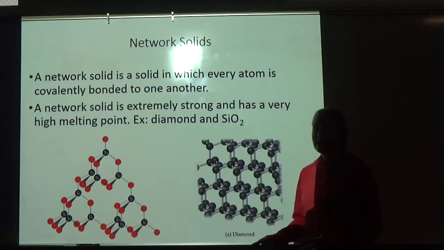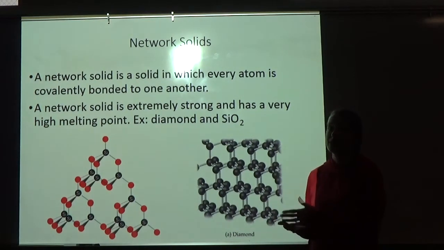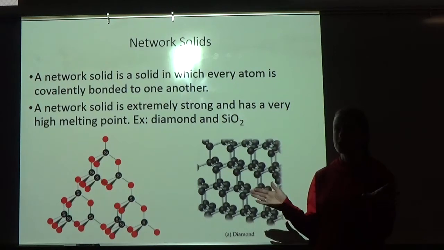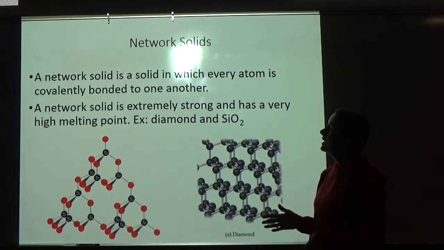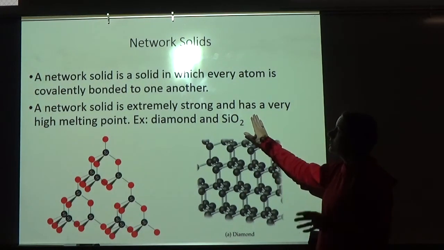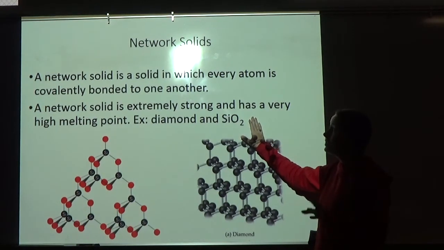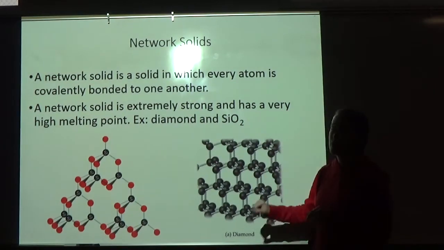Now, when you're comparing intermolecular forces, it's very important to note when something is a network solid because they are going to trump all the intermolecular forces in strength. A network solid is just a solid in which every atom is covalently bonded to every other one. Network solids are extremely strong and have a high melting point. The two that you really need to know are diamond and SiO2.